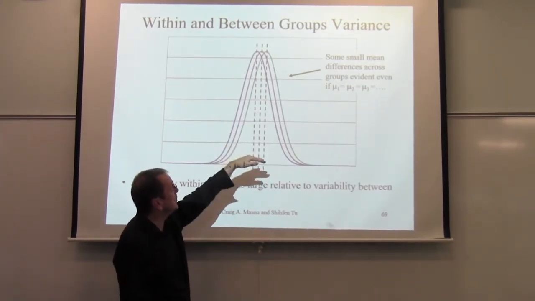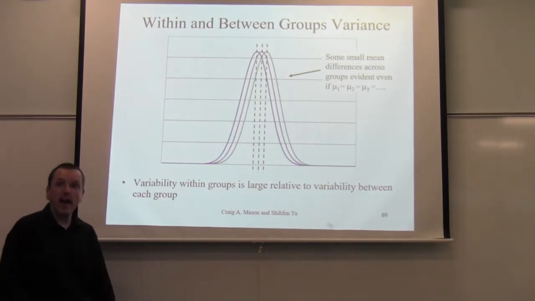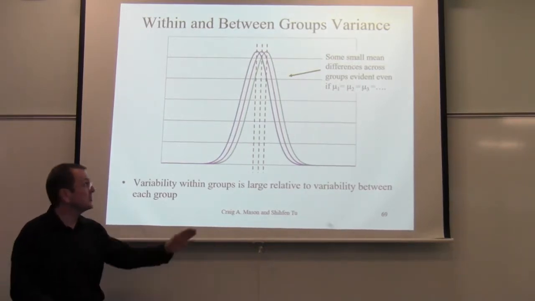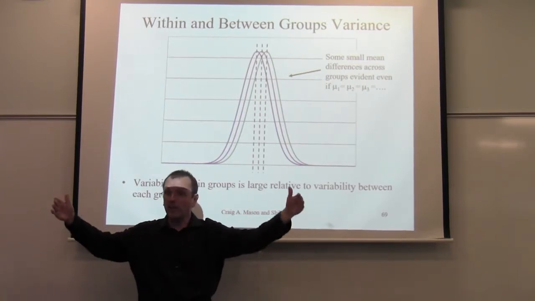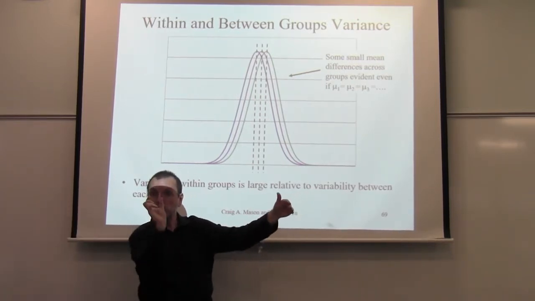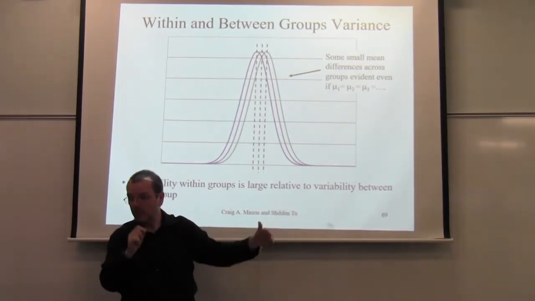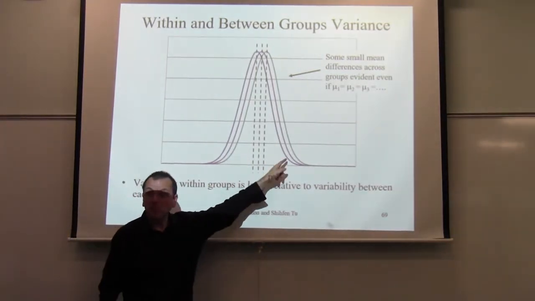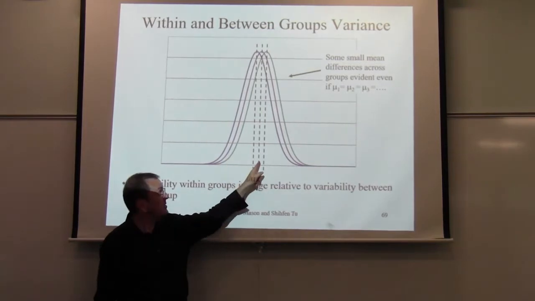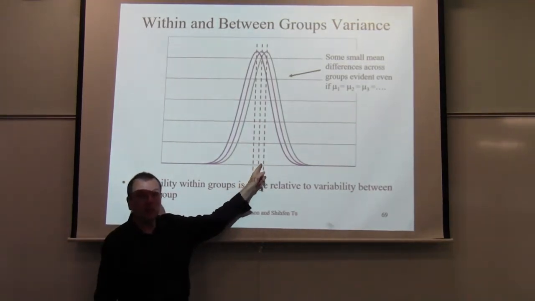Not much of a difference between the averages across the states, certainly compared to how much variability there is within each state. There's a lot of variability within each group, and between the states there's not that much variability.